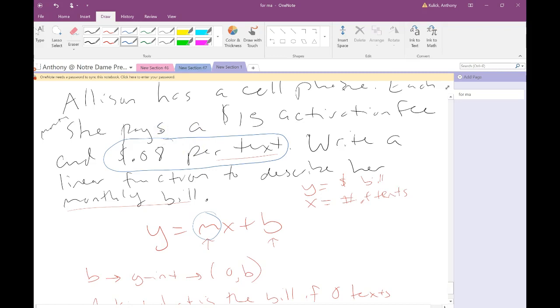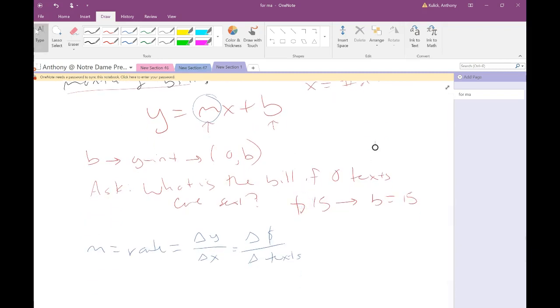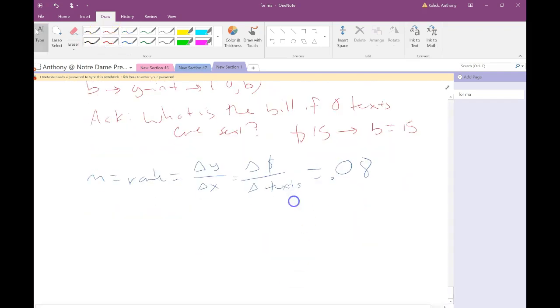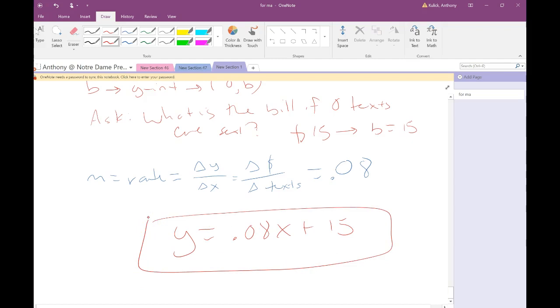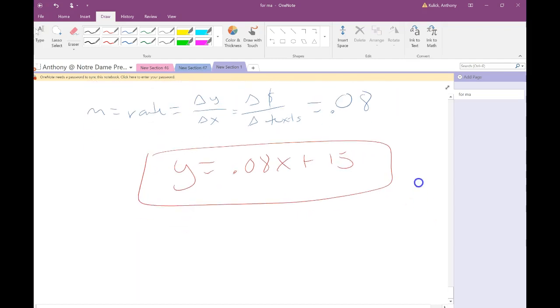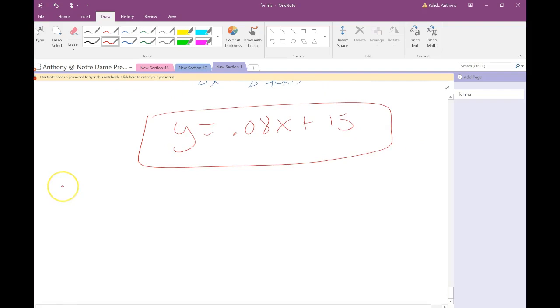That's exactly the quantity that I'm given there, right? So the word per is a good indicator that that's going to give me my slope. So there's that. So I can say then my equation is this. Everybody happy there?